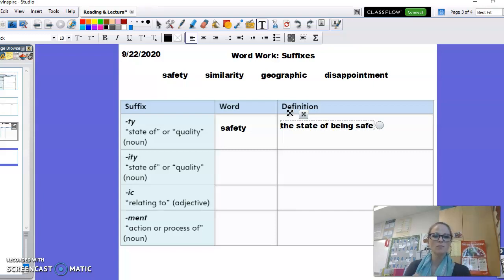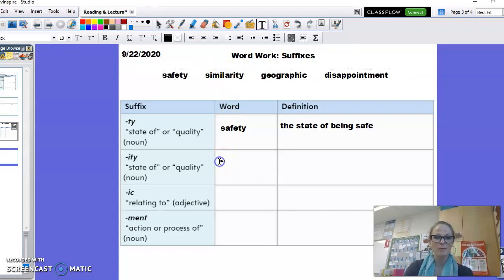Or the quality of safe, the state of being safe, all right? Safety. Now, on this second word, and make sure you're taking notes with me, so if you need to pause and write this, you may. The second word is similarity. I have that suffix ity, right? But if you notice, my root word is similar.